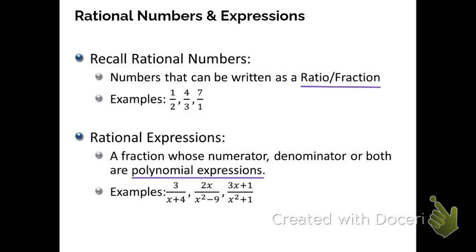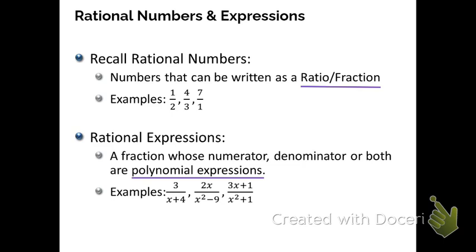Remember that rational numbers are numbers that can be written as ratios or fractions where the numerators and denominators are both integers. So 1/2, where 1 and 2 are both integers. 4/3, where 4 and 3 are both integers. So these are examples of rational numbers.